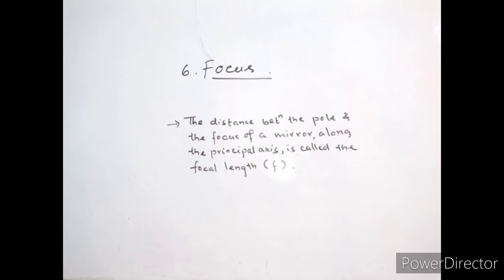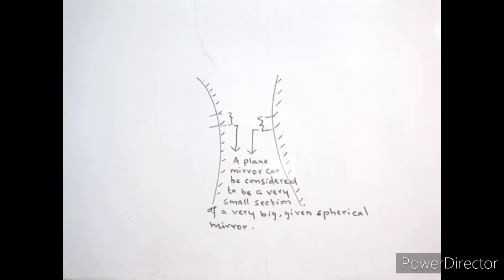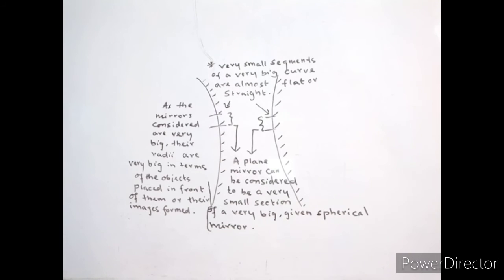Okay, so this was all about focus. A plane mirror can be considered to be a very small section of a very big spherical mirror. The very small section that I have marked by the curly braces that you can see there is part of a relatively bigger curve, and the lines are almost straight.